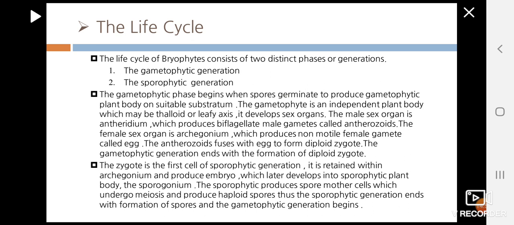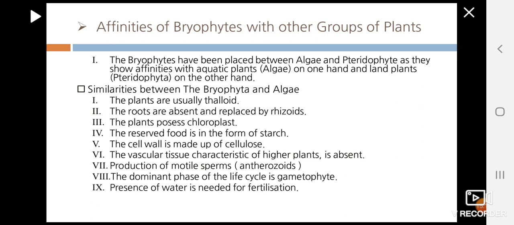In this way, the sporophytic generation ends because the spores are haploid, and these spores then produce the gametophytic generation. So, it's very clear that these two phases alternate with each other. These two generations alternate with each other, and this is called alternation of generation.